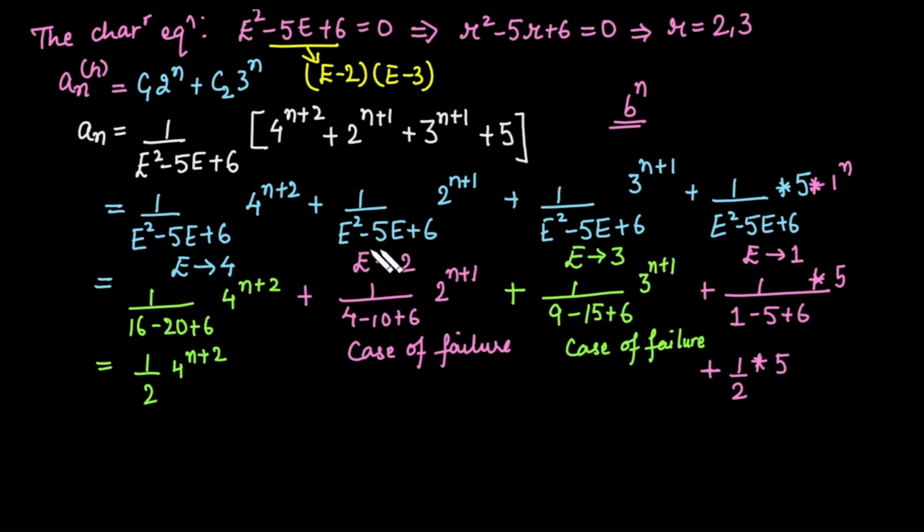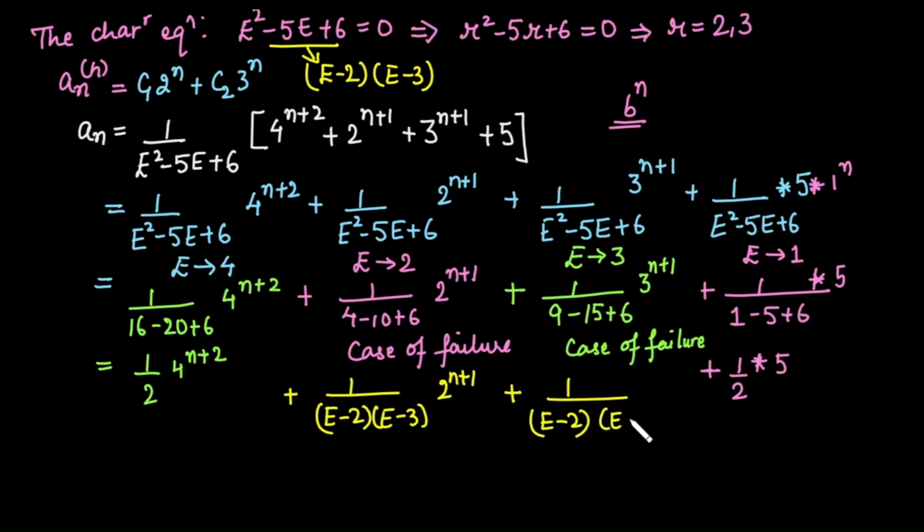So in place of this, first we will keep it as 1 upon e minus 2 into e minus 3, 2 raised to power n plus 1. And even in this case, we can keep it as e minus 2 into e minus 3, 3 raised to power n plus 1. And the rest of the things are as it is.